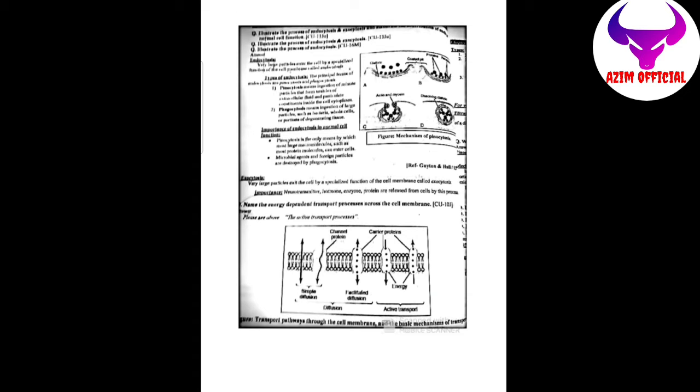In viva, you may be asked how water soluble substances are transported through the cell membrane. What will be the answer? Simple diffusion through protein channel, facilitated diffusion by carrier protein, and active transport through carrier protein.